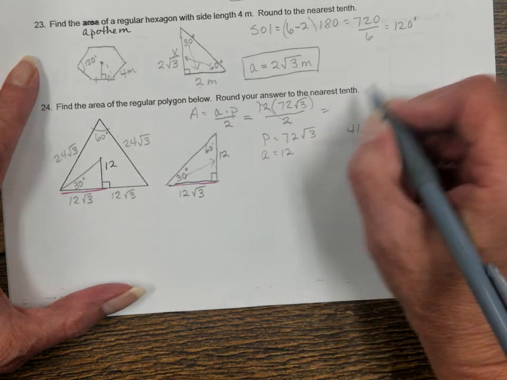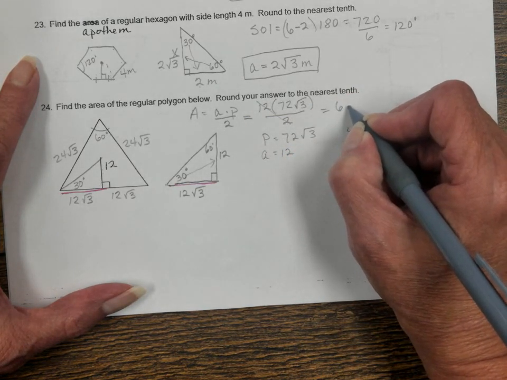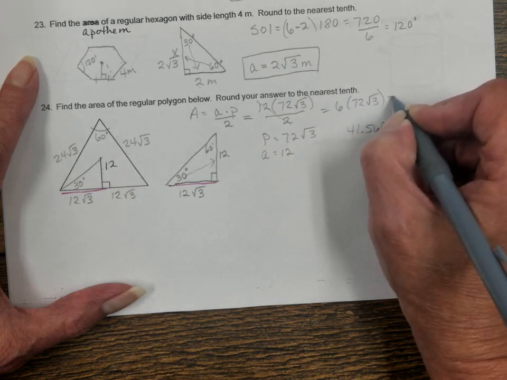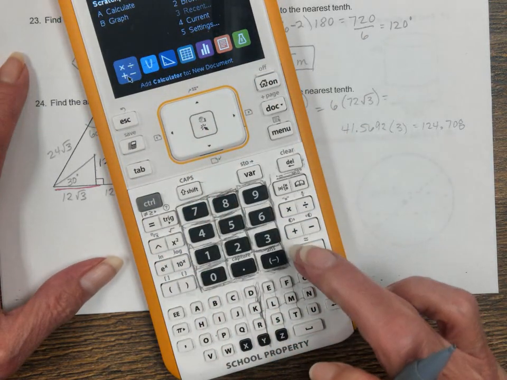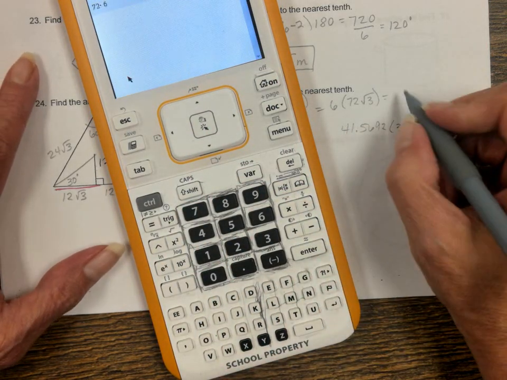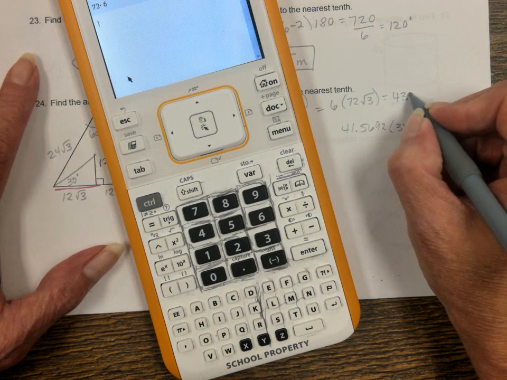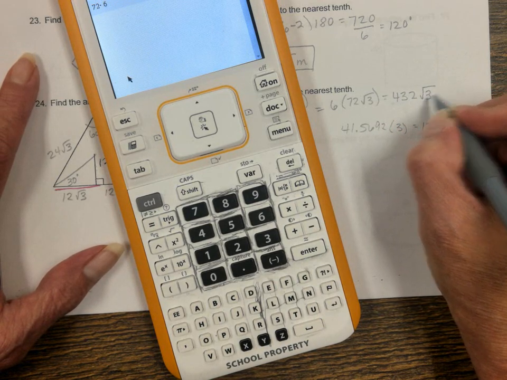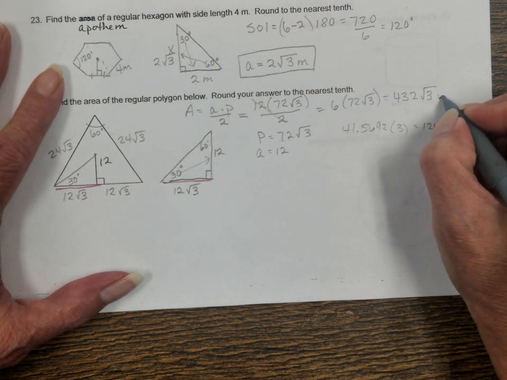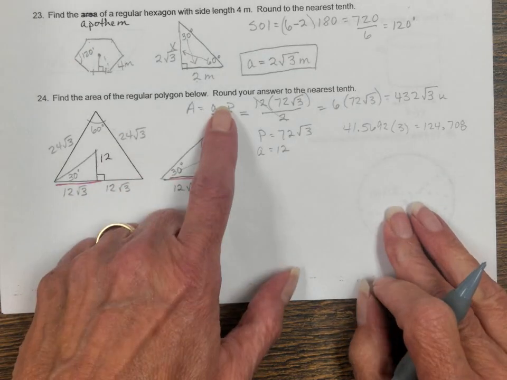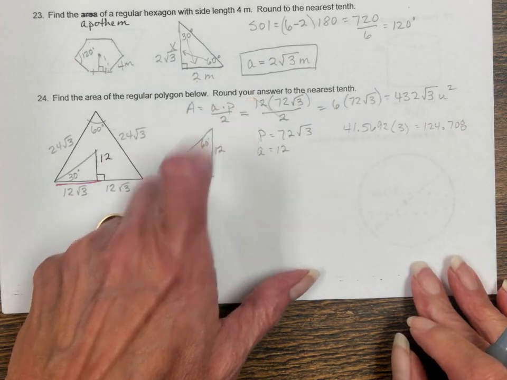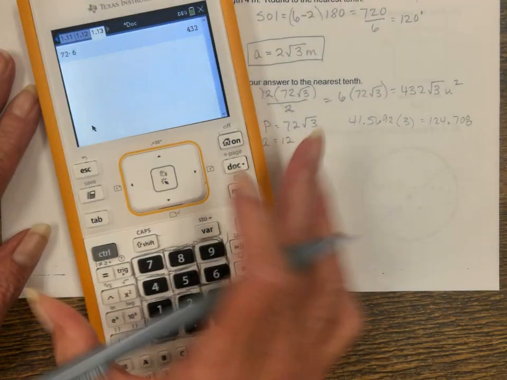I'm going to go ahead and reduce this early and say 6 times 72 times the square root of 3 equals 72 times 6, 432 square roots of 3. I do not have any units, so that is units squared because it's area. Oh, but I was asked to round my answer to the nearest tenth.